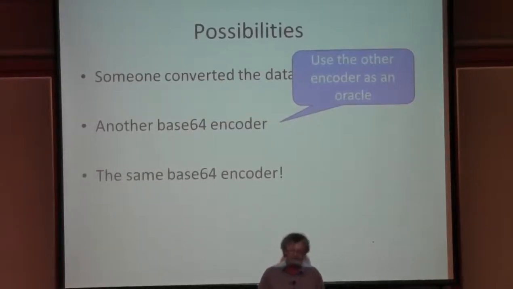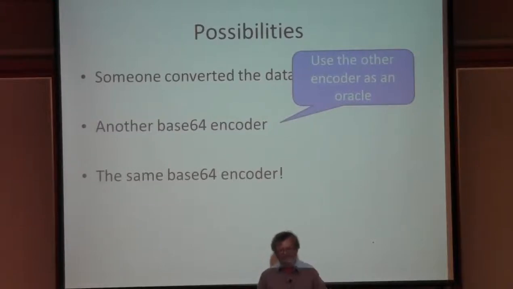Or it might be that you have one that you want to own the copyright to, and you have one that's covered by a license that won't let you use it the way you want to. So, at any rate, the various reasons why you might not want to use the other encoder in production don't apply to your tests. So you can make use of that idea to write a property for testing, at least.